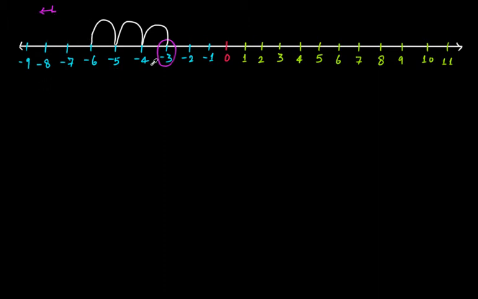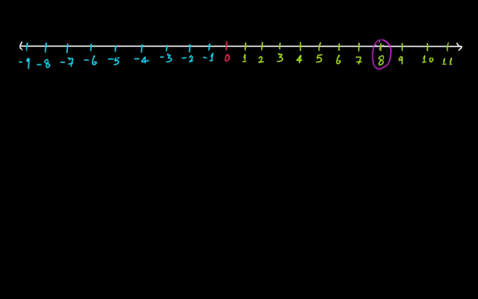Okay, let's take one more. Let's say that you are at number 8 and you have to take, not 8, let's say 11 steps backward, towards the left. 11 steps towards the left.